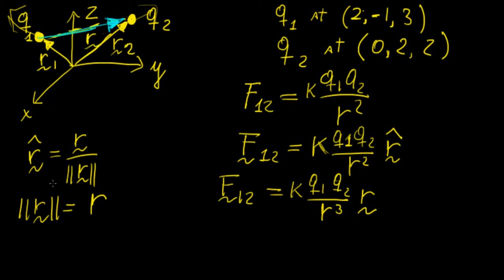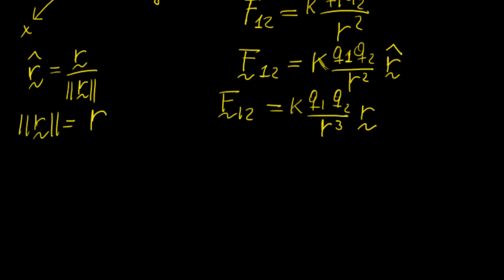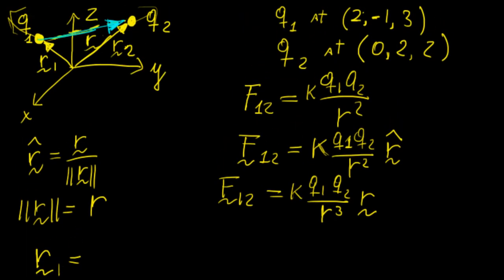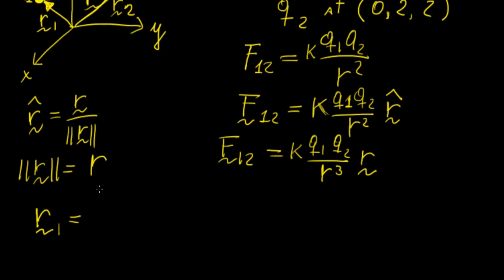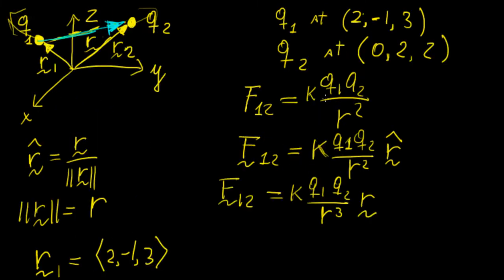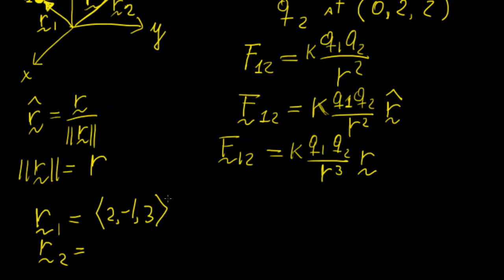So let's go down here. r1 is just going to be the coordinates of charge 1. If we go up here, we define charge 1 at 2, minus 1, 3. So this vector is 2, minus 1, and 3. And then r2 is just going to be the coordinates of the second point, so that's 0, 2, and 2. Very straightforward.